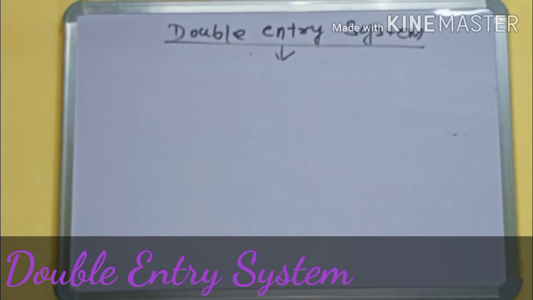The system under which every transaction is accounted in two accounts for an equal amount of money, debiting one and crediting the other account, is called the double entry system.